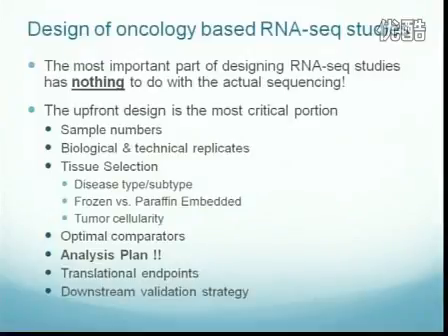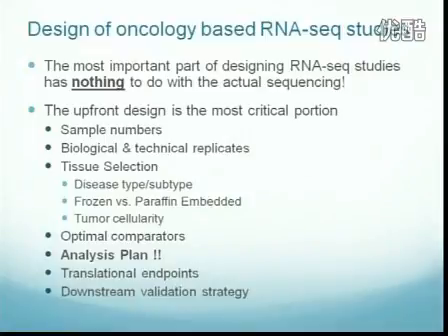Biological and technical replicates: according to the recent RNA-seq standards released by the ENCODE consortium, you have to have biological replicates. Any good high-throughput genomic study needs biological replicates. If your experiment doesn't allow you to have many biological replicates, then you really need to do technical replicates. The statisticians need to get an idea of variance within your studies to be able to do any sort of statistical analysis. So this is very key to a successful study.